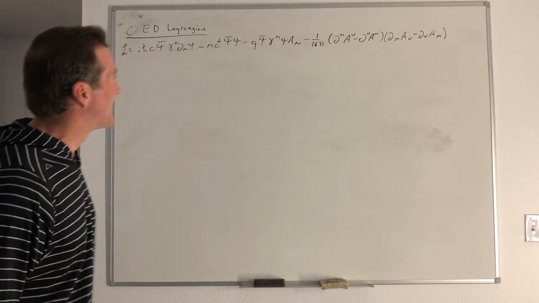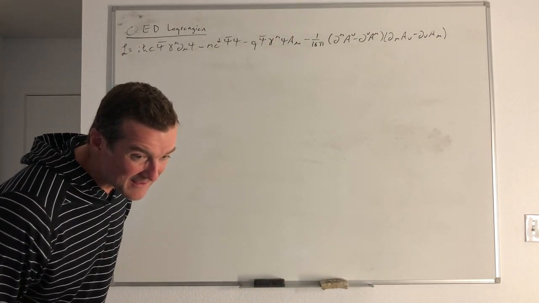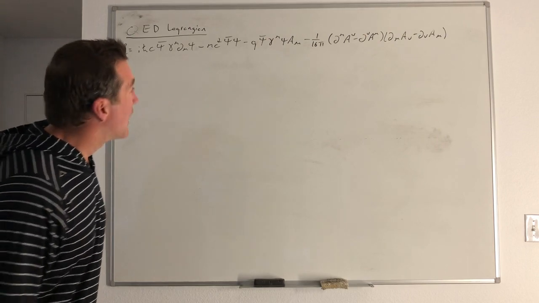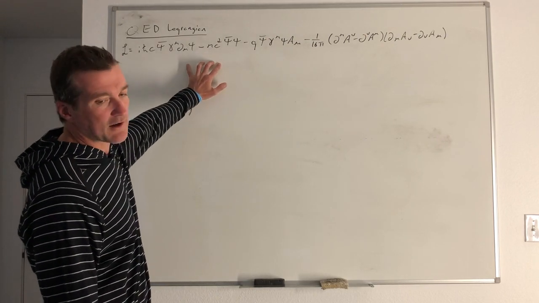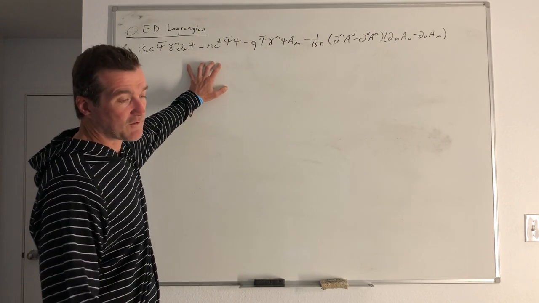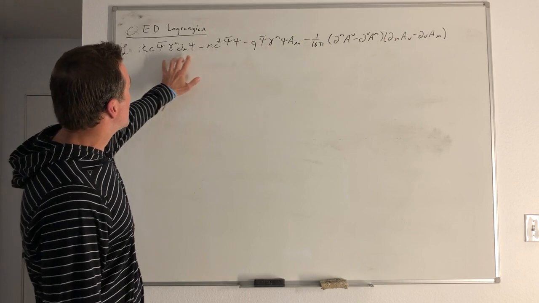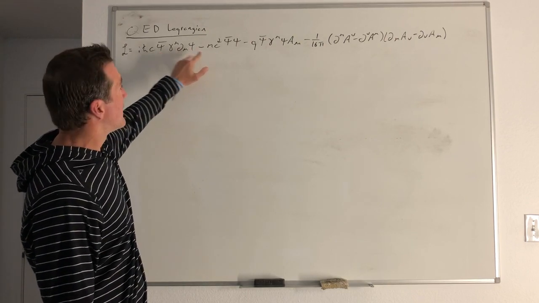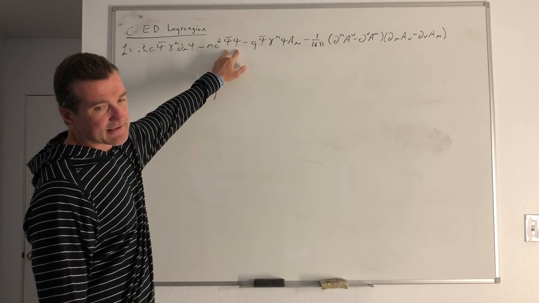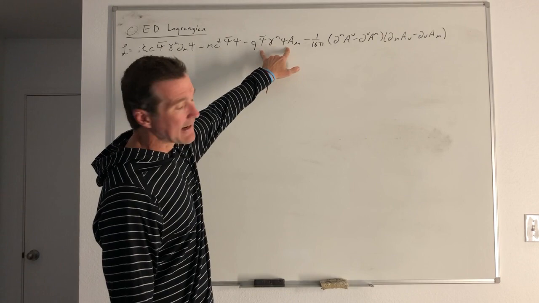Last lecture's a little bit behind, I missed the last lecture, so I'm confused. Well, that's fine. This is actually hearkening back not to the last lecture, but to when we derived interactions from local gauge invariance. So this has a psi bar and a psi, so it's a kinetic term. This has a psi bar and a psi, this is the mass term. This has psi bar, psi, and A. Is that an interaction?